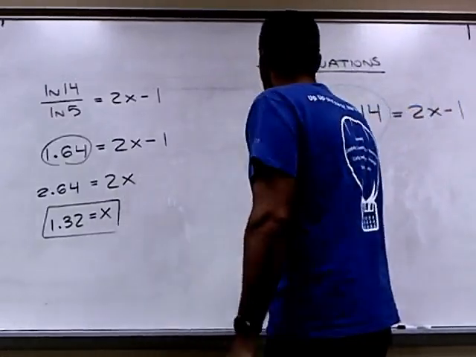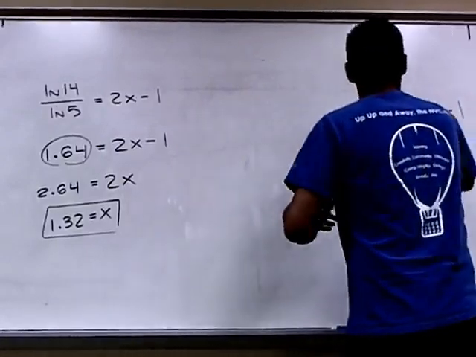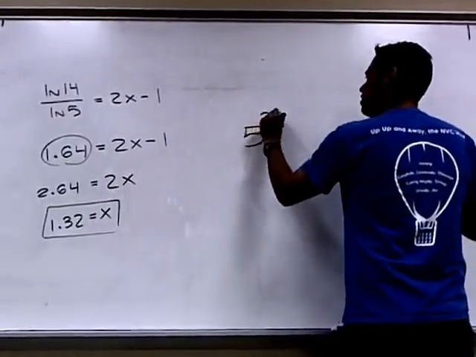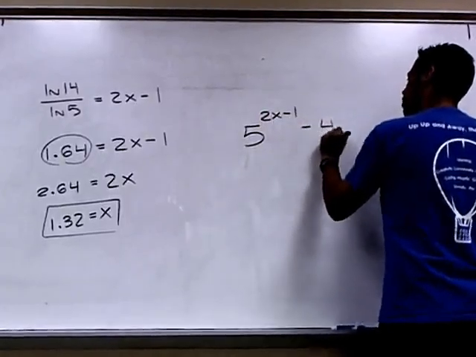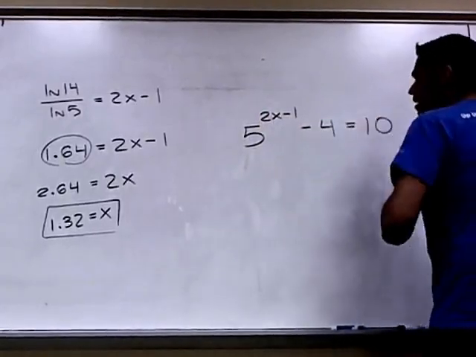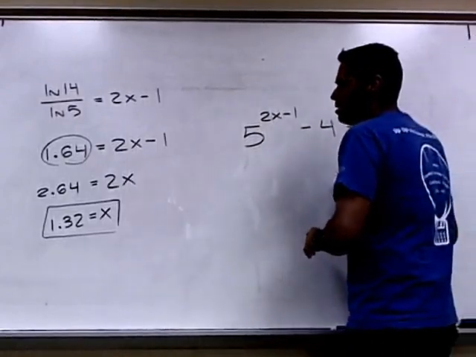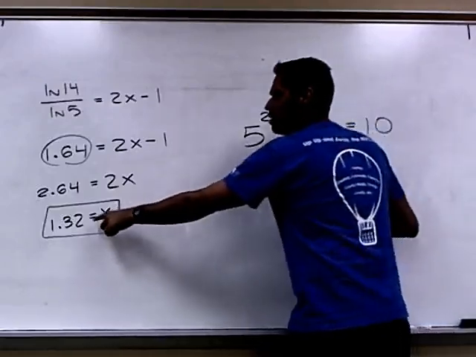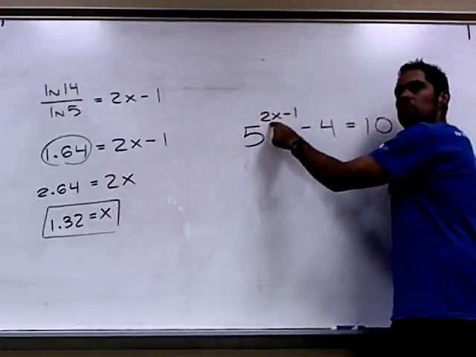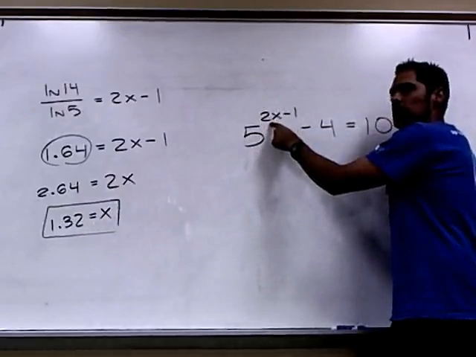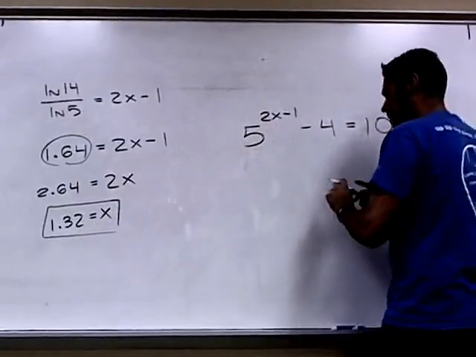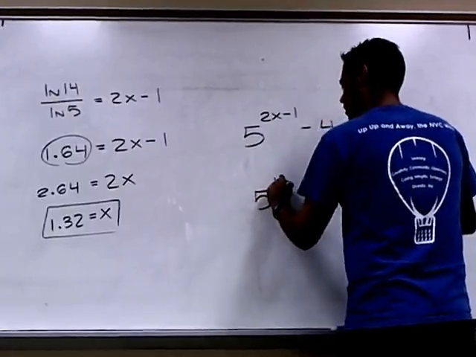So let's see here, and we have solved this equation. The original equation was 5 to the 2x minus 1 minus 4 equals 10, wasn't it? Will someone please take their calculator and do 1.32 times 2, subtract 1, and what do you get? 1.64.